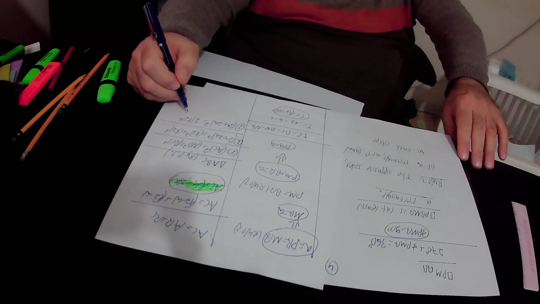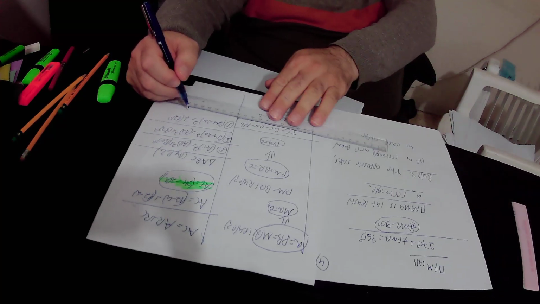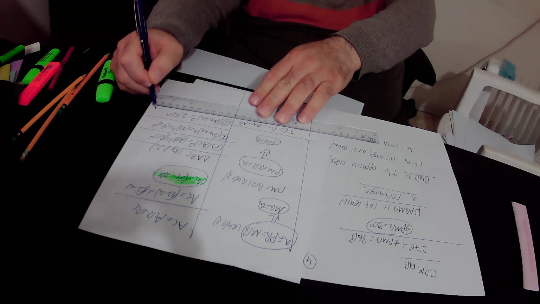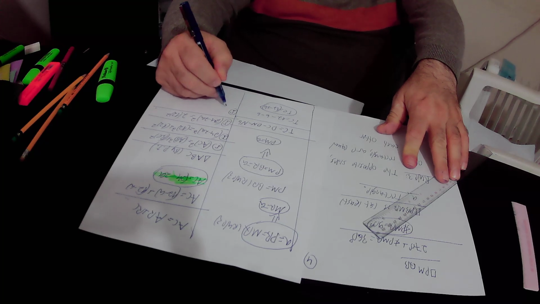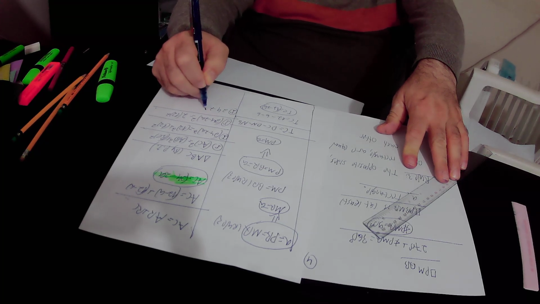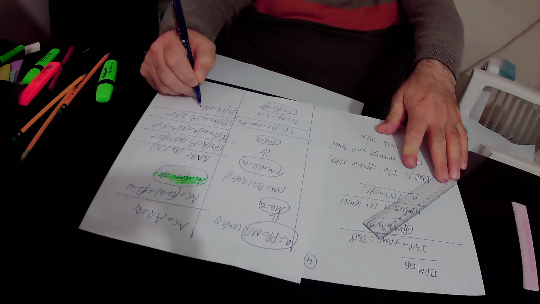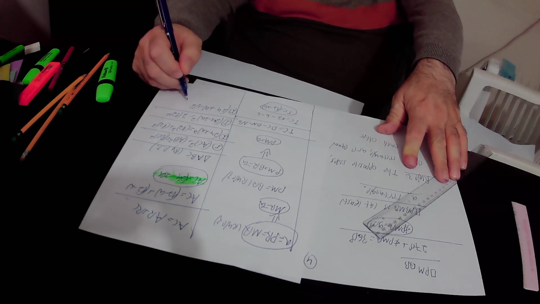Here we'll take the root of this equation, equation number 1, and we will get that 24 minus 2A is equal to the square root of 2 times 12. Why?